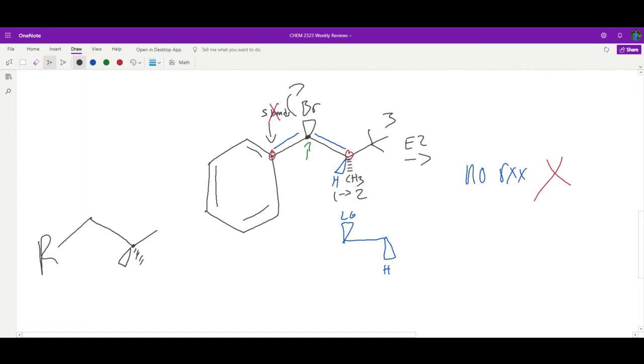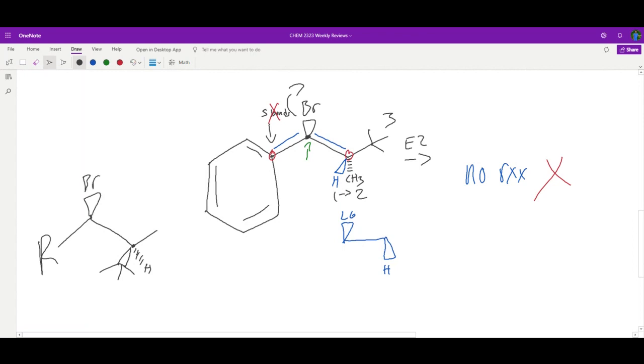So I'm going to go counterclockwise. So I'm going to put my hydrogen right there, my methyl on a line, and my T-butyl on a wedge, okay? So now, what do we have?